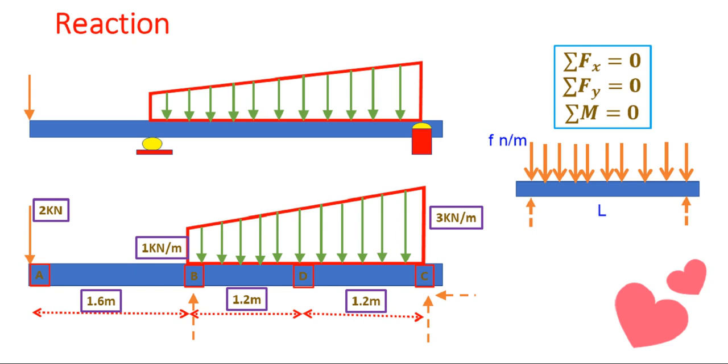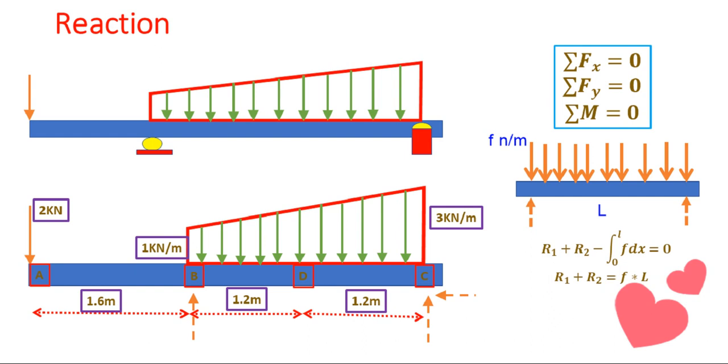Now if you take a force balance, we can see that the sum of reactions must be equal to the integration of force along the length, which equals F into L. So these will be our reactions: R1 plus R2 minus the integral from 0 to L of f dx is equal to 0, so R1 plus R2 is equal to F into L. So why is this negative sign coming?